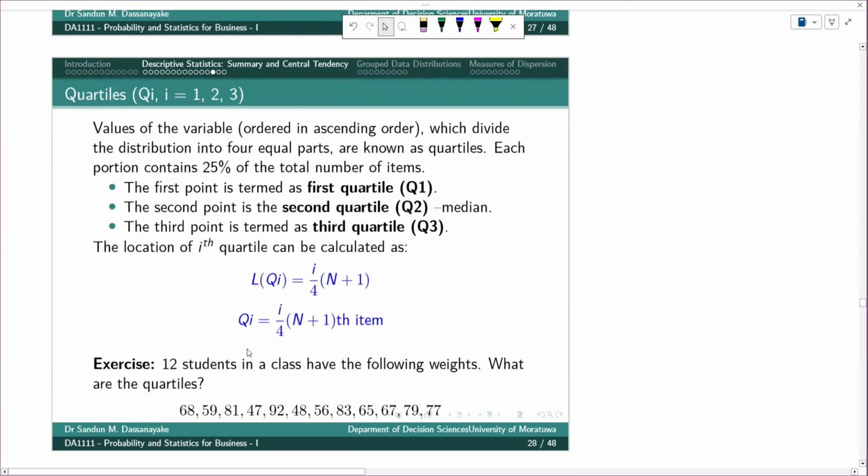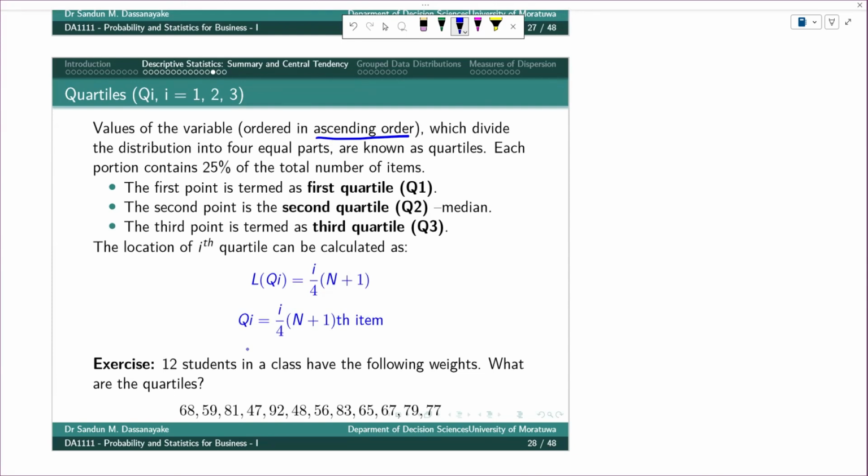Then you have quartiles. Quartiles are the values of the variable, ordered in ascending order, which divide the distribution into 4 equal parts. Each portion contains 25% of the total number of items. It's actually about the number of items. When you talk about quartiles, it's always about 25% of the total number.